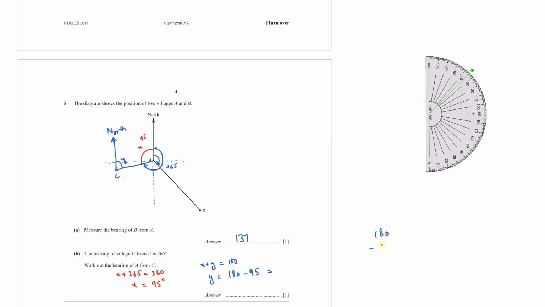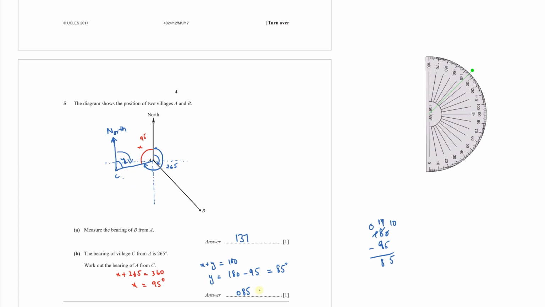I take the carry, so this becomes 10, this becomes 8, 17, this becomes 0. So 17, so 10 minus 5 would be 5, and 17 minus 9 would be 8. So this is 85 degrees, but you write it as a bearing as 085. So this will be your bearing of A from C, which is this angle here, represented by y.